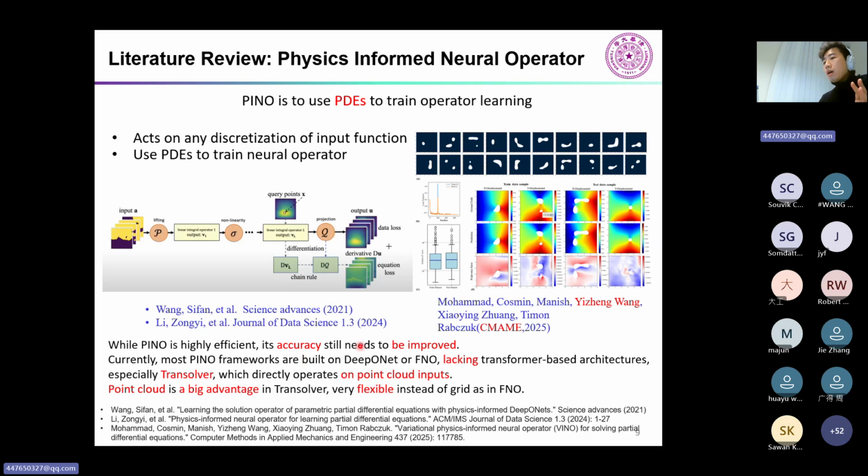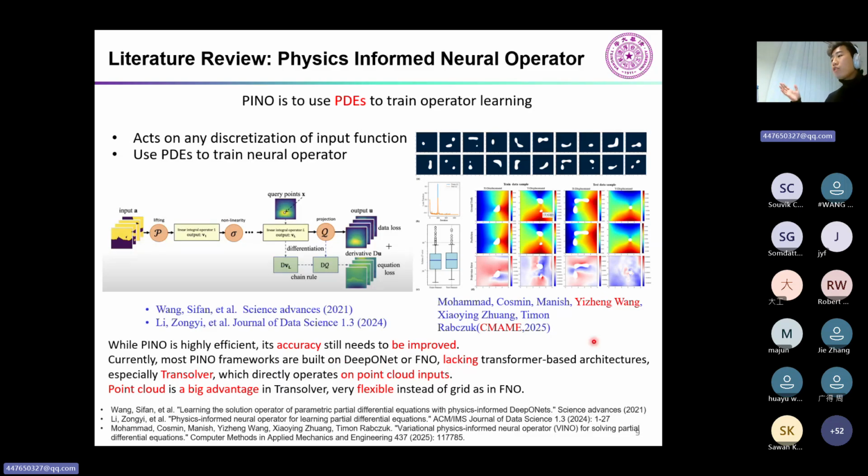Okay, you can see that when you successfully train the operator using the PDE, the error is empirically about 1 to 5%. However, if you want to get more accuracy, I think it is very difficult, and you must use another way. Currently, we found almost all PINO frameworks are built on DeepONet or FNO.